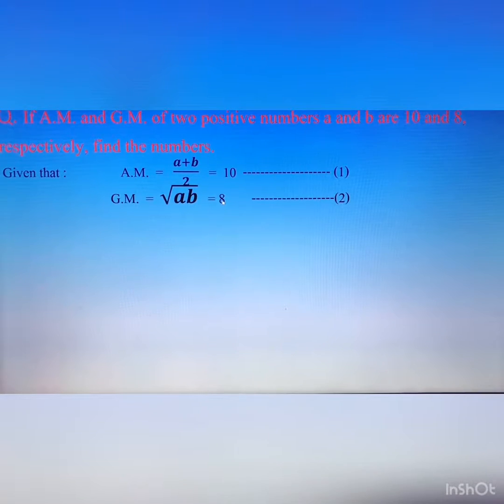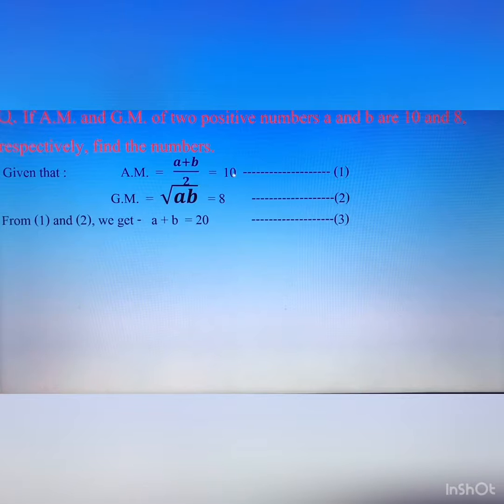So this is 8, this is equation number 2. Now from equation 1 we get a plus b equal to 20, and squaring both sides of equation 2 we get ab equal to 64. So this is equation number 4.